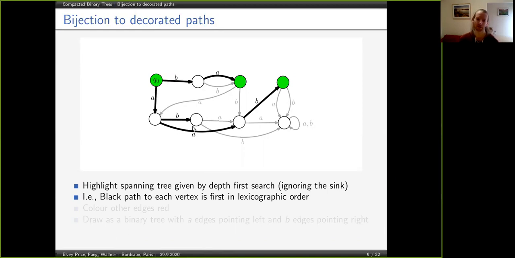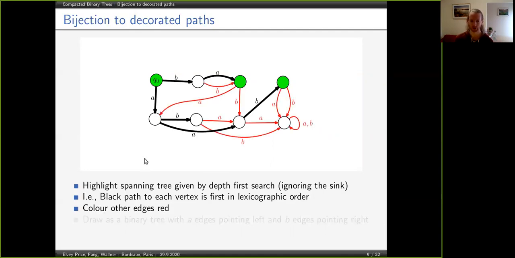And so what that means is that for each vertex in the DFA, if we draw the black path from Q0 to that vertex, it will be the first path from Q0 to that vertex or state. It will be the first one in lexicographic order.